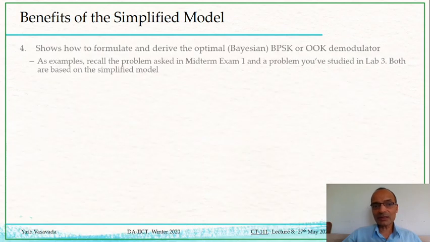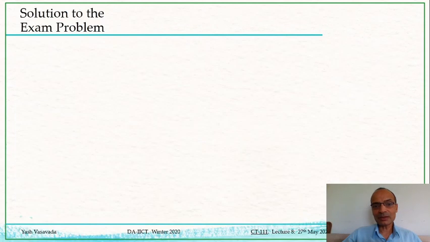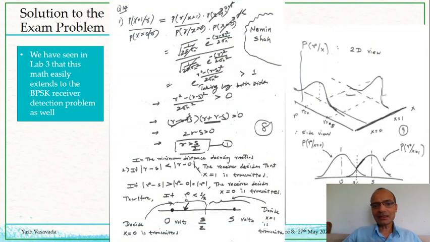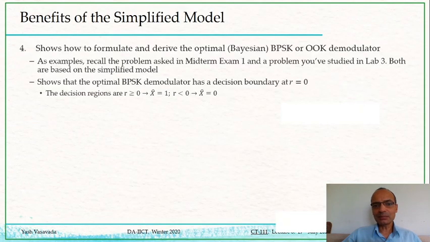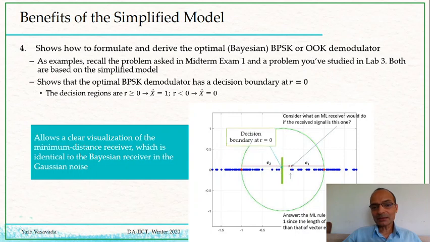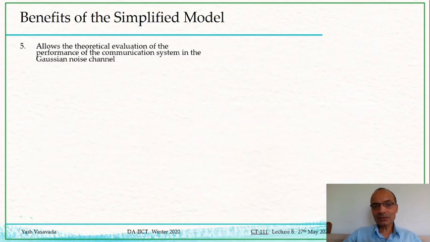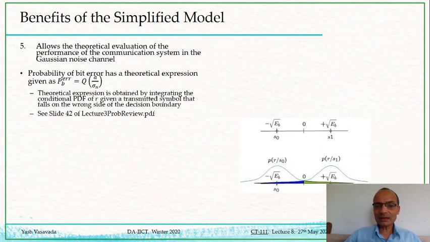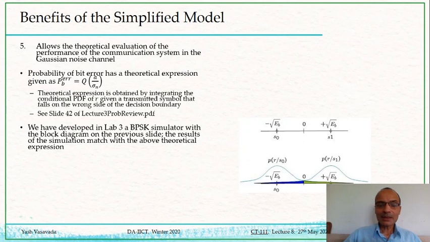We can experimentally evaluate the probability of error. And one of the very nice, intellectually pleasing things about this course is that something that you derive entirely analytically and something that you derive entirely experimentally by running Monte Carlo experiments, like what you did in lab 3.